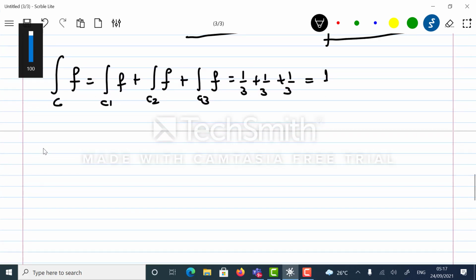So now we have to find the surface integral of curl f dS. Okay, so solution.